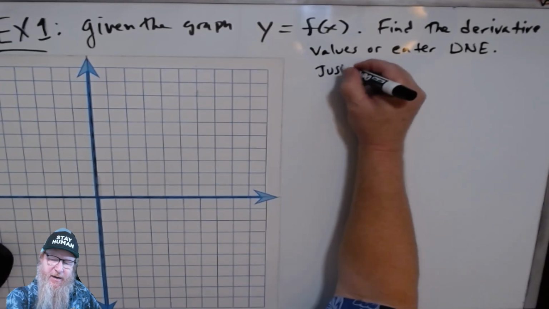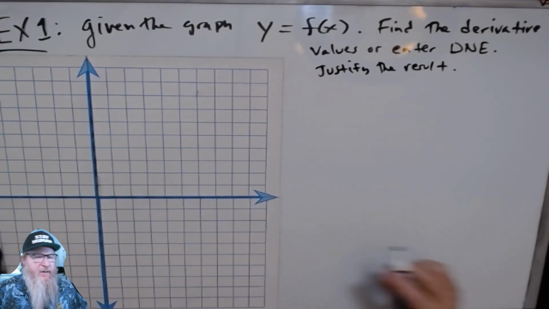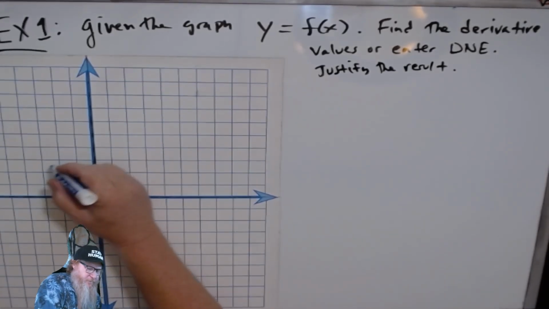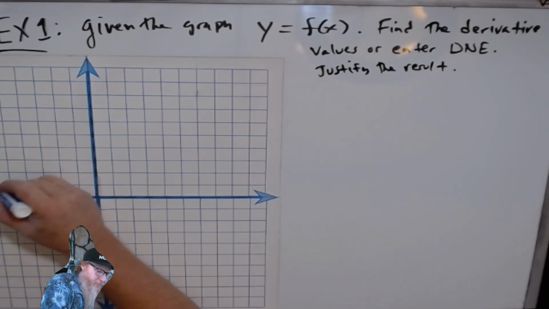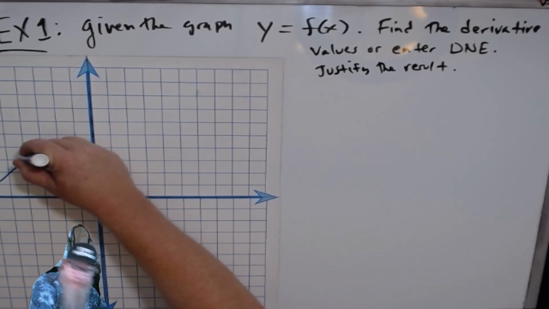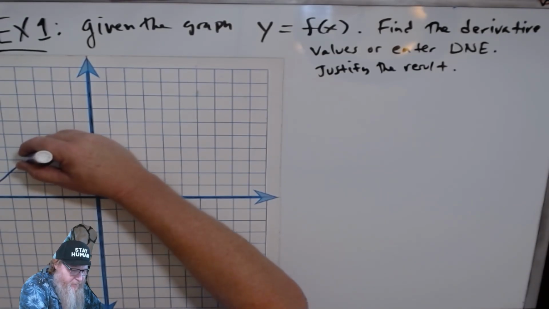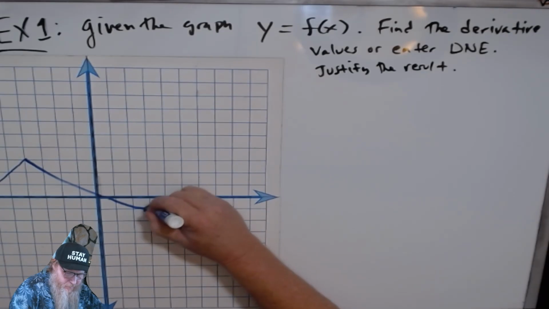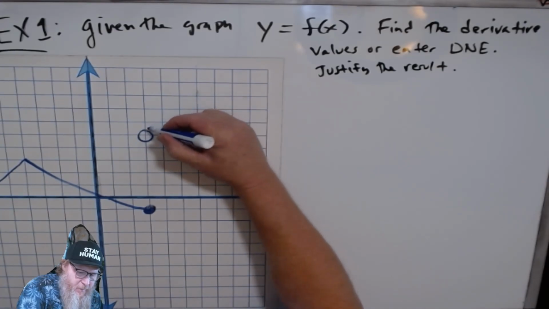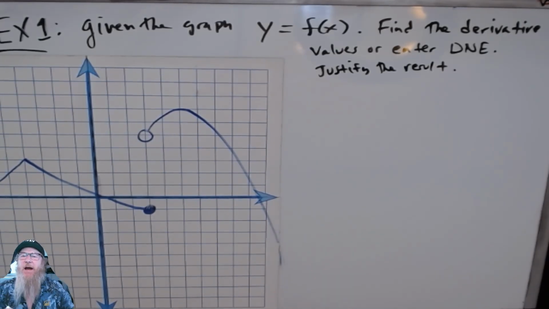Okay, and then justify the result. All right, so give me a minute to draw what the graph may look like. All right, so there's a graph.